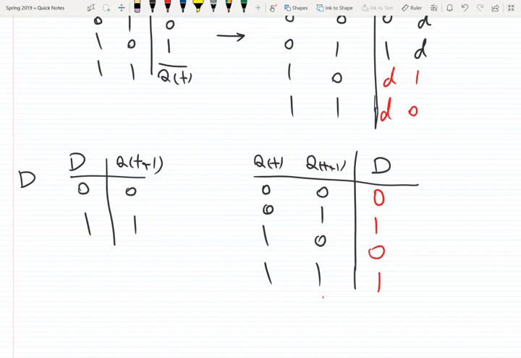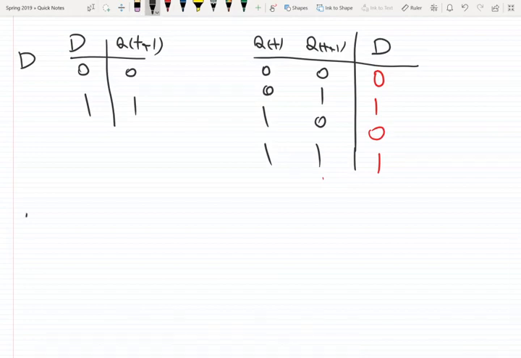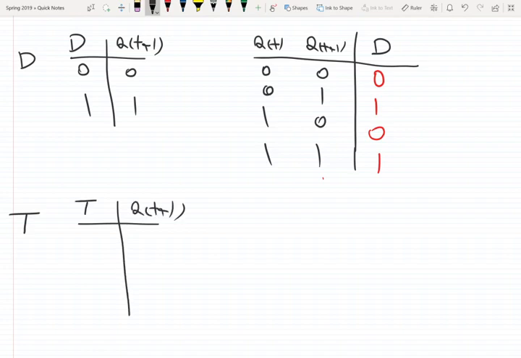So let's move to the T flip-flop. Any question? For the T flip-flop, we have input T and Q of t plus 1. If T is 0, the output is Q of t. If T is 1, the output is Q of t bar.